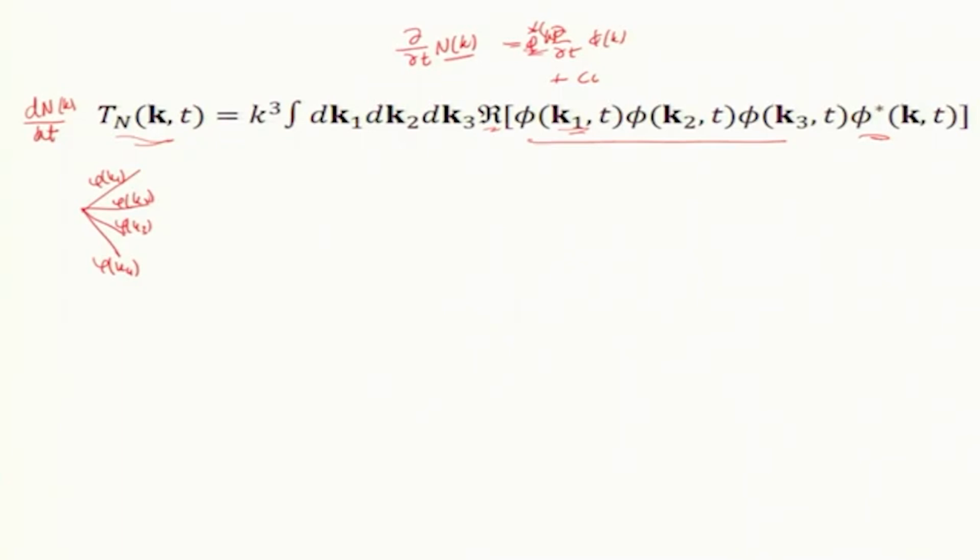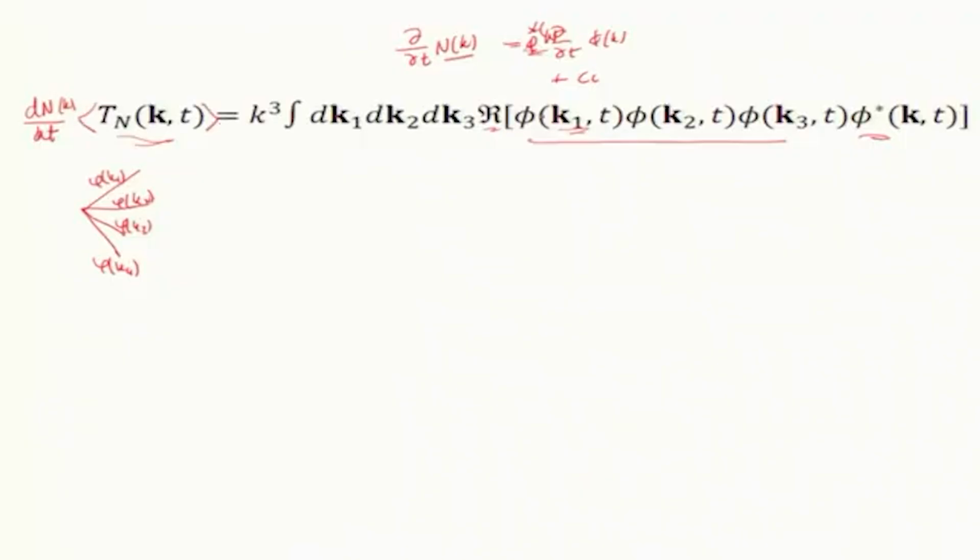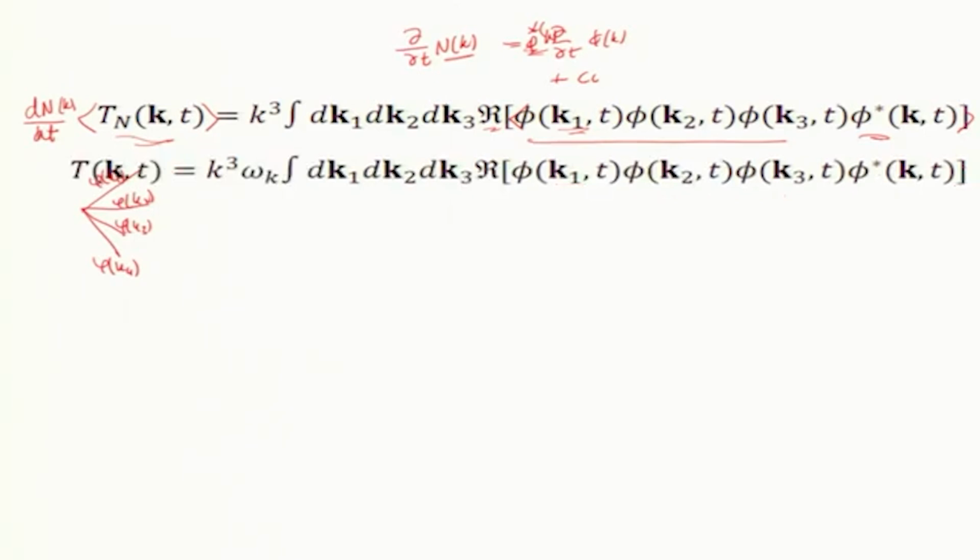So, if I assume the Gaussian approximation, which is assumed all the time, okay. We did this in this course for statistical fields, we assume the phi to be Gaussian, and for Gaussian fields what do you assume? I am just basically doing the average. So, what will happen to these? The product of 4 phi's will be a sum of products of 2 phi's, correct. So, I have it here, okay.